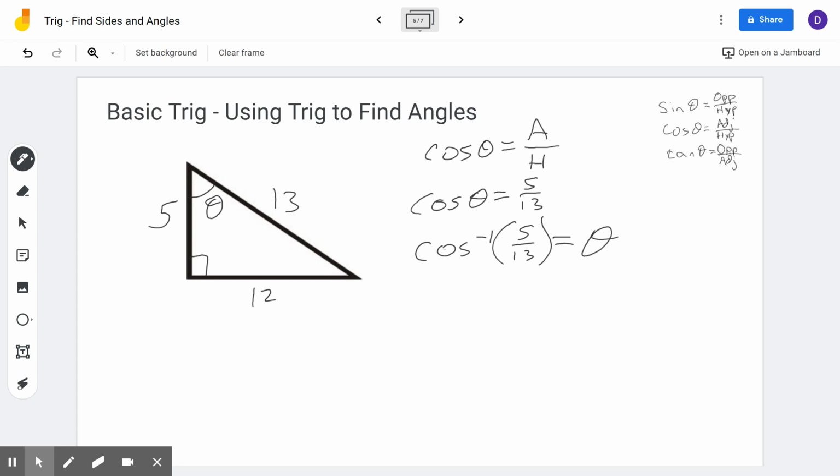It gives me 0.384, well, 0.38. So the arc cosine of 0.38 equals theta. Do the arc cosine, and you get 67.7 degrees. That equals theta. All right.